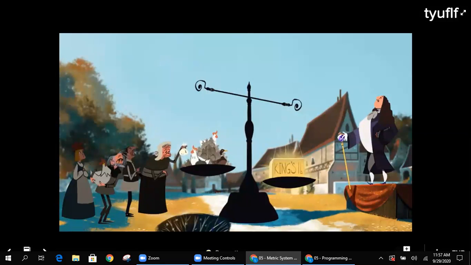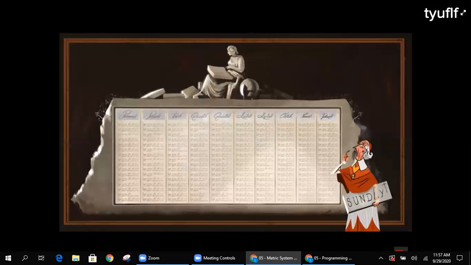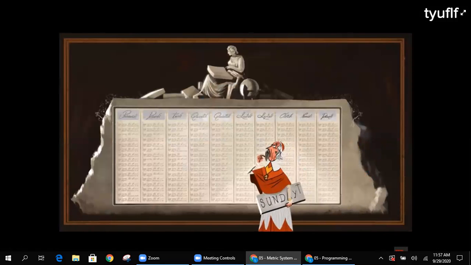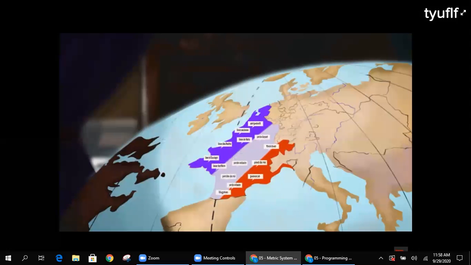Standardizing measurements had political advantages for the revolutionaries as well. Nobles could no longer manipulate local units to extract more rent from commoners, while the government could collect taxes more efficiently. And switching to a new republican calendar with 10-day weeks reduced church power by eliminating Sundays. Adoption of this new system wasn't easy.